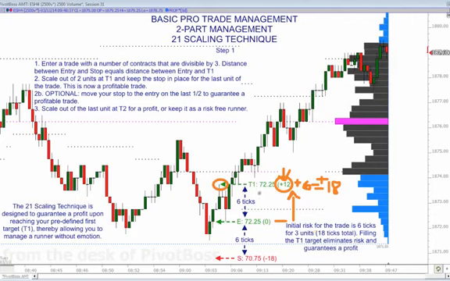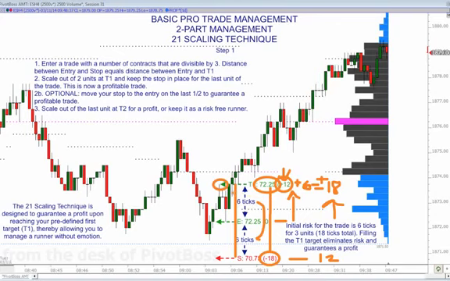How much is the distance between this price here where we scaled and our current stop? Well, add these 2 up and that's 12 ticks. So right now the distance is 12 ticks from our current price to our stop. And we're up 18 ticks, and this is 12 ticks lower.